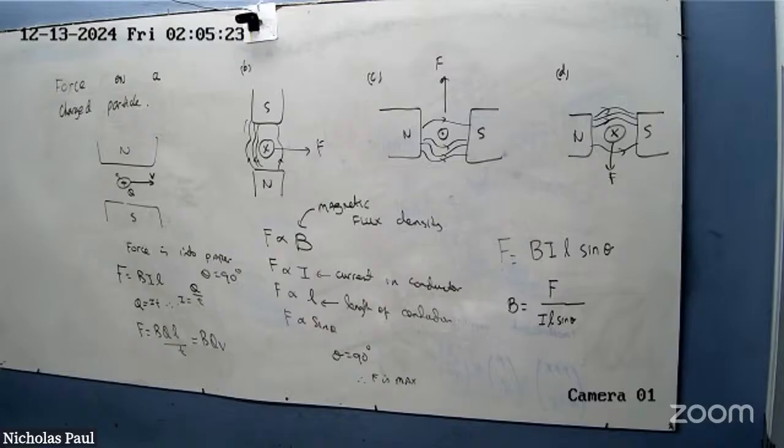At an angle: part A, 90 degrees, part B, 30 degrees. Did I give you the current value?